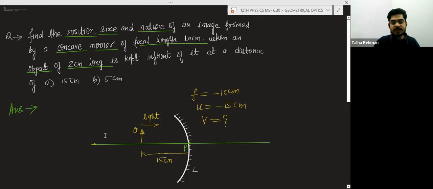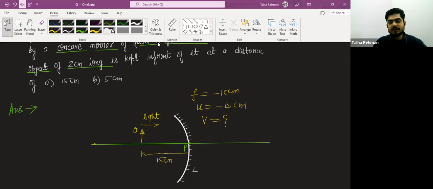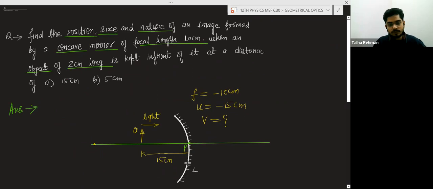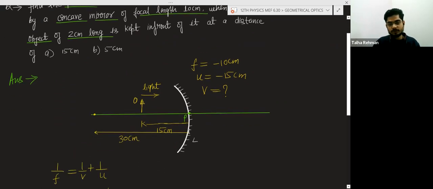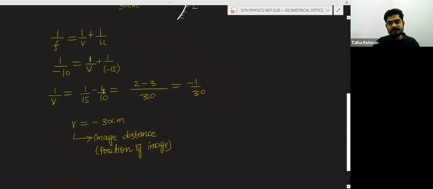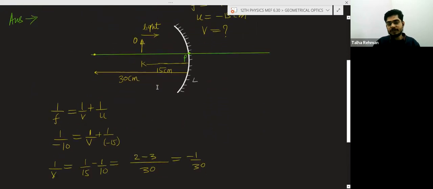Suppose here will be the image. I don't know yet whether the image is real or virtual. So the image will be somewhere here at a distance of 30 centimeter in this direction, in front of the mirror, because from this sign it is clear that the image will be in front of the mirror. Why? Because you have to go in this direction to measure the distance of the image. So somewhere here will be the image.